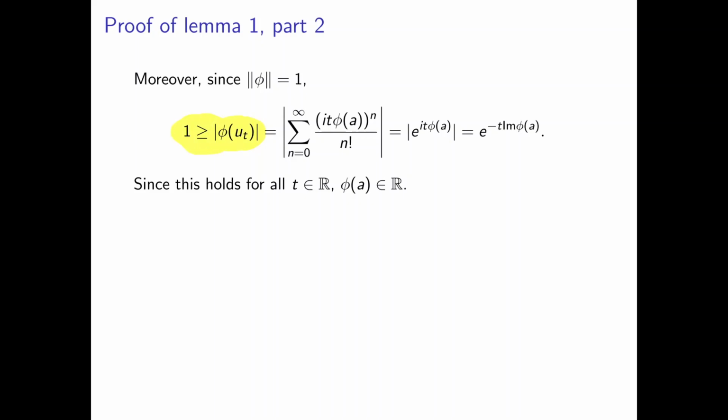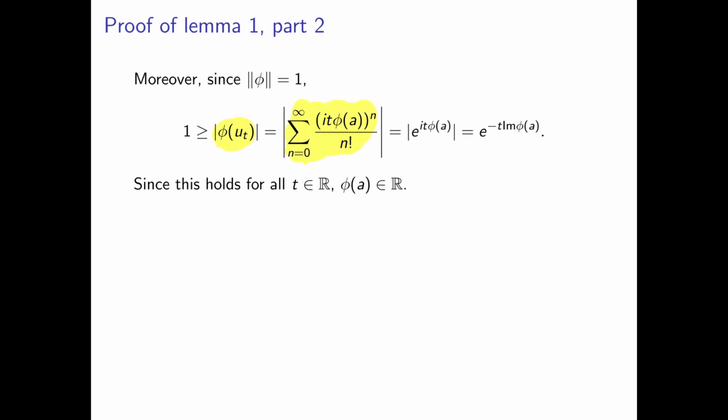Let's do some calculations now, because this can be calculated explicitly actually. So we just factor everything out. And since phi is a multiplicative linear functional, or a character, we can take it term by term in this power series. So we get that this expression here must be equal to this expression here.